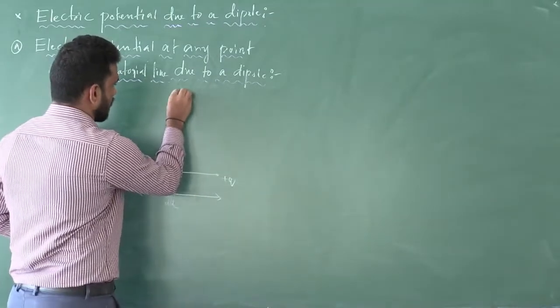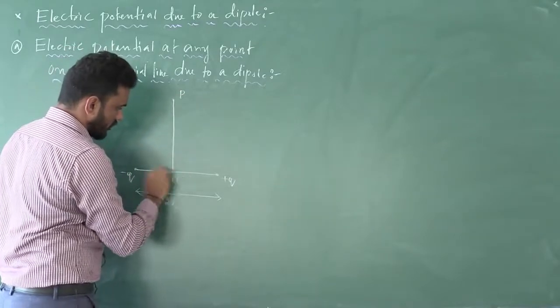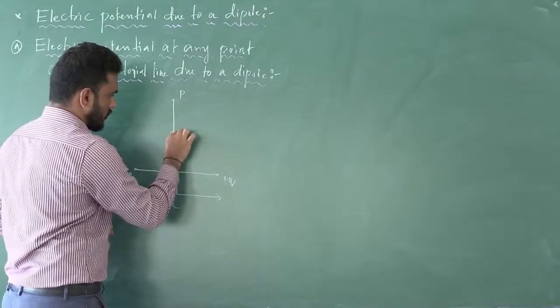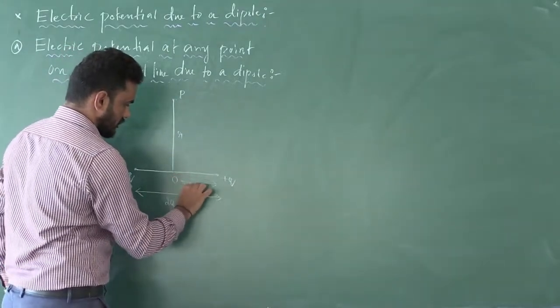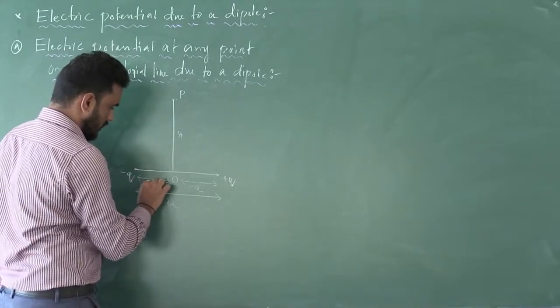So at this point, this is the midpoint of the dipole, and the distance between the point P and the midpoint of the dipole is r. From here to here the distance is a, from here to here the distance is a.